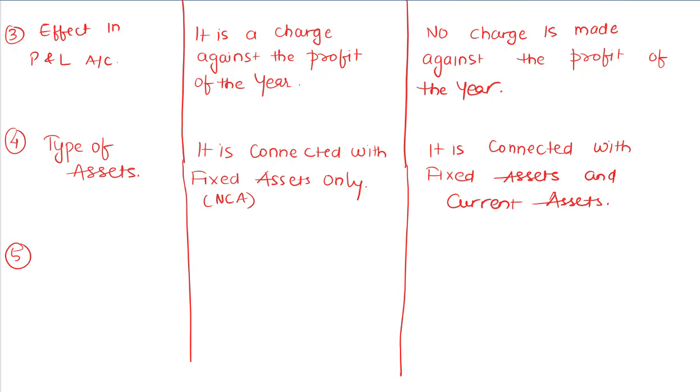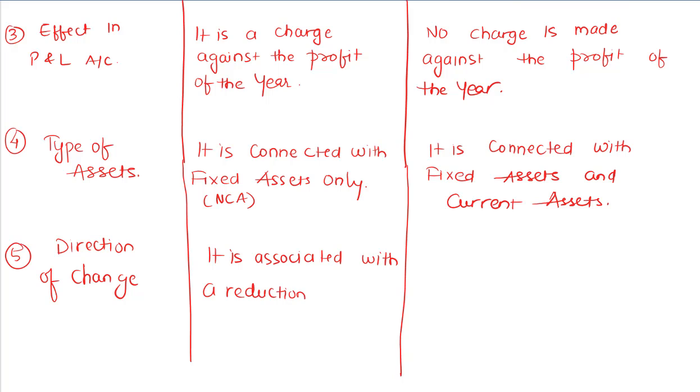Next point, direction of change. Please write direction of change. In depreciation, please write it is associated with a reduction in the value of fixed assets.